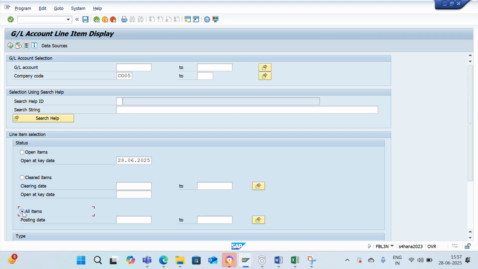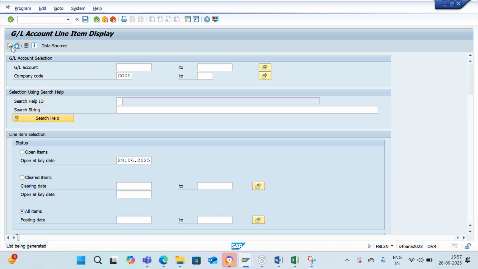I have already understood what are open items, what are cleared items, and what are balanced posted items. As of now, I am opening all items for all the GL accounts in company code CO05 that have been posted until now, without giving any date range.